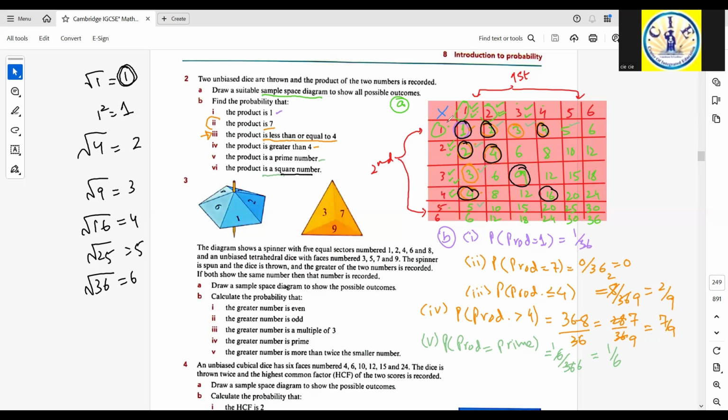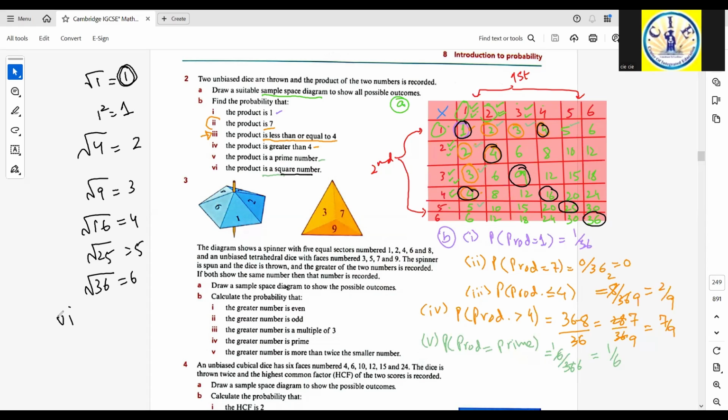Actually, these two are obviously not square numbers. These are prime numbers, but these are not the square numbers. So I need to exclude them. Then it is 25 and then 36. So counting them, 1, 2, 3, 4, 5, 6, 7, 8. 8 are the square numbers.